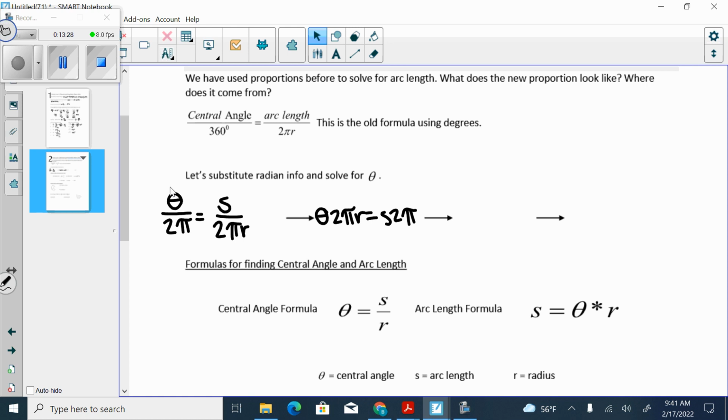Okay? And if we were trying to solve for theta, then we would be trying to get rid of the 2 pi r, right? So that theta would be by itself. So currently we have theta times 2 pi r is equal to S times 2 pi. Okay, well, how could I get rid of the 2 pi r that's currently with theta? What would we do?